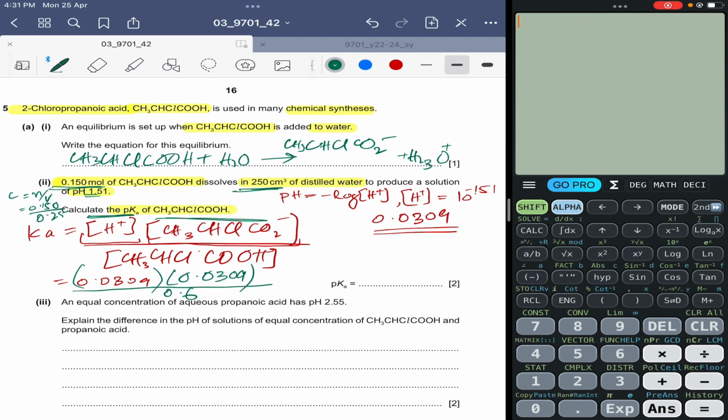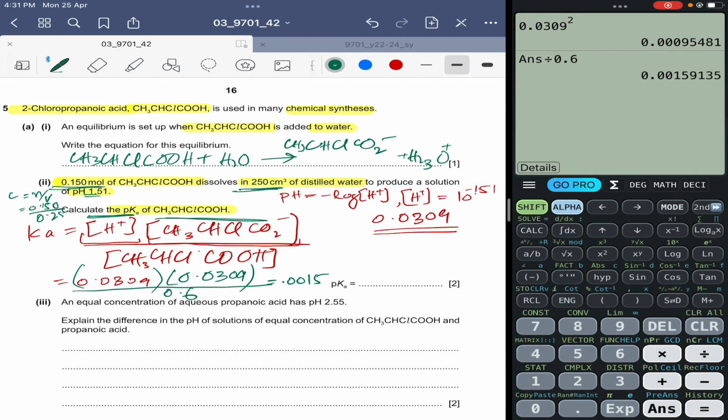So Ka would be 0.0309 squared, divided by 0.6. So this is 0.00159. This is the value of Ka, 0.00159.